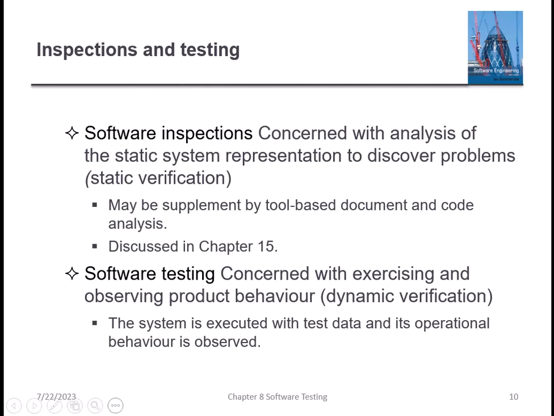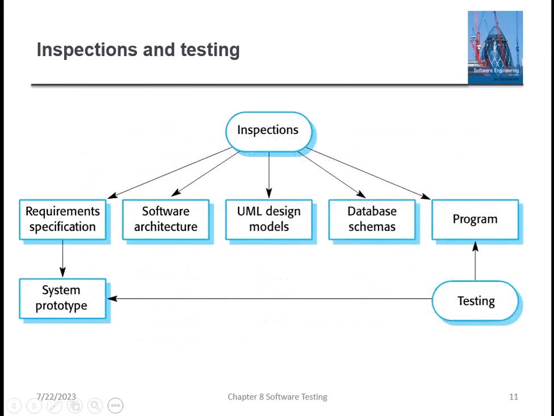So basically we have two types of verifying the requirements: the static verification process and the dynamic verification process. The dynamic verification process is also called testing, and the static verification process is also called inspection. Using the inspection method, we can verify statically the specification documents, architecture, UML design models, database schemas, and programs.